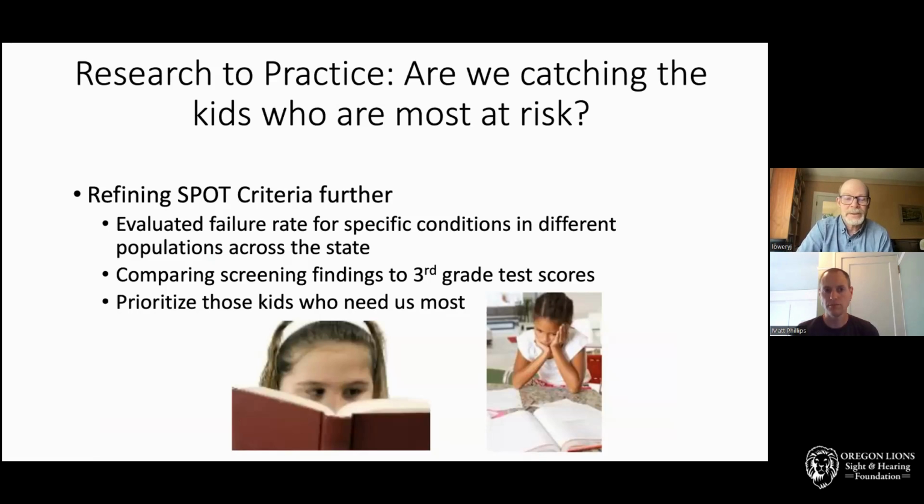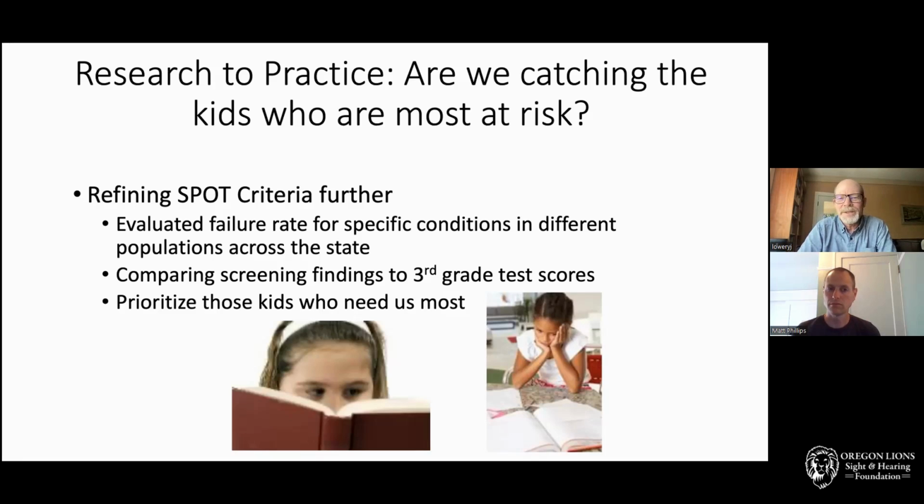It turns out that different ethnicities have different eye conditions that are more prevalent. We can use the data from these huge epidemiology studies to compare to what we're getting in Oregon. That helps us see that, oh gosh, we're doing good here, but we seem to be off on this one area, which is really hyperopia.